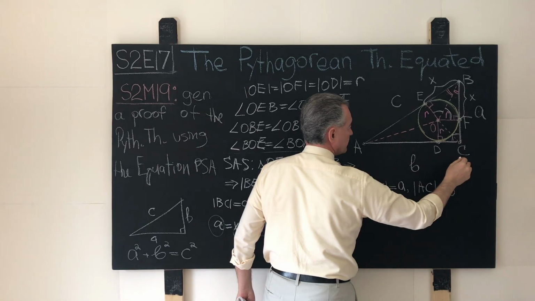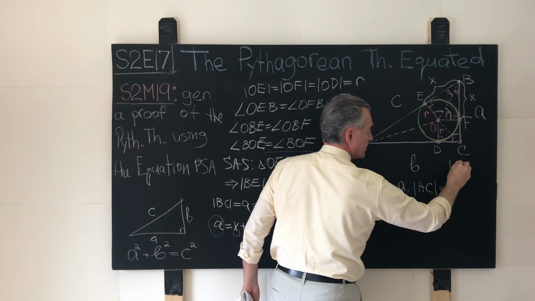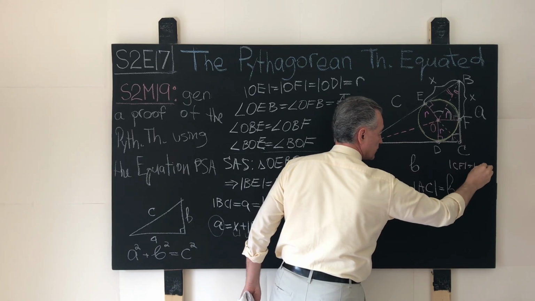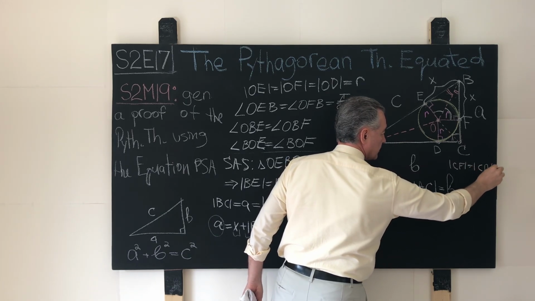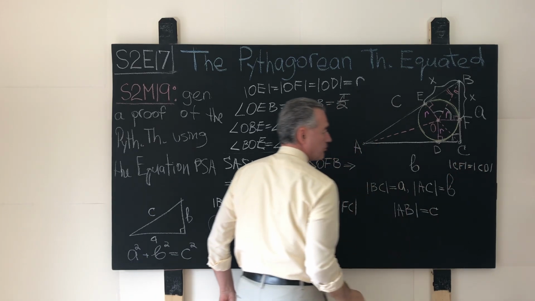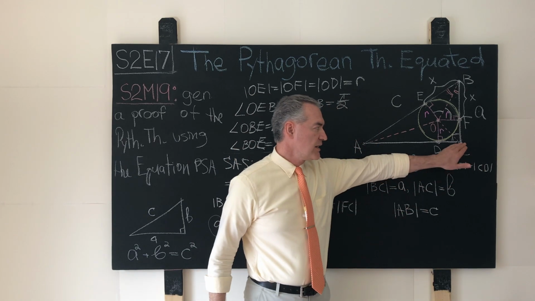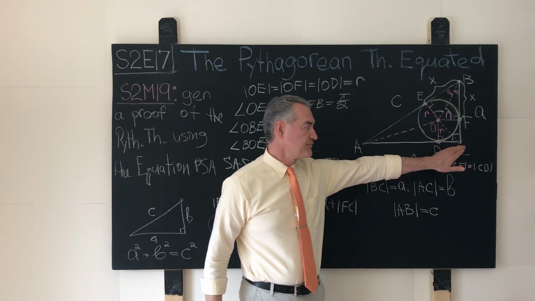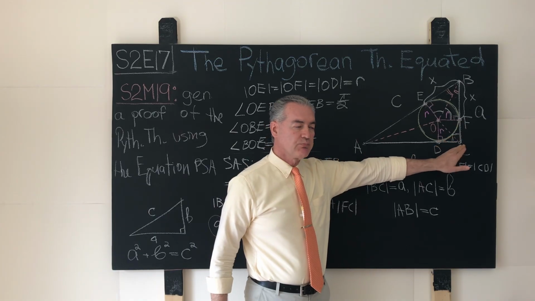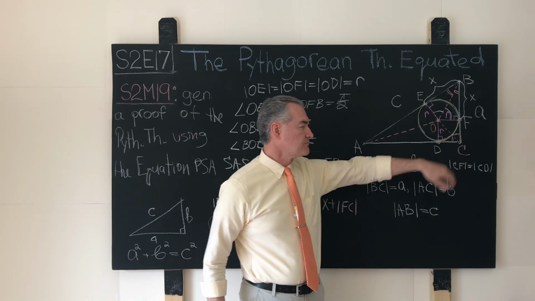In other words, the distance from C to F is the same as the distance from C to D, and that is one elementary way to show that the lengths of the tangents constructed to a given circle from a given fixed point are the same.